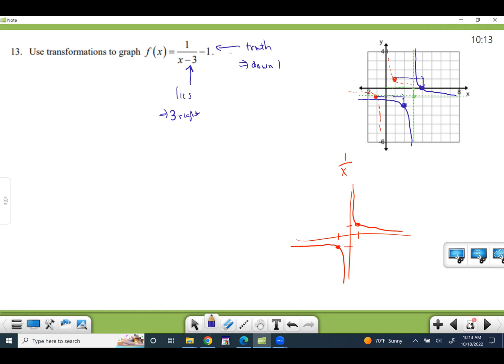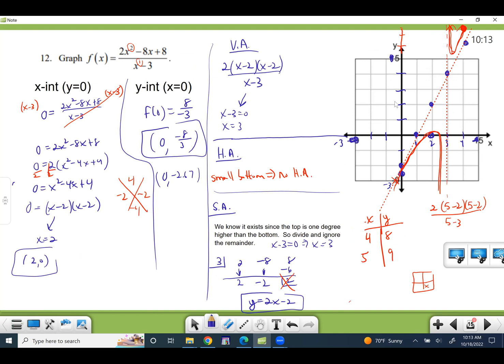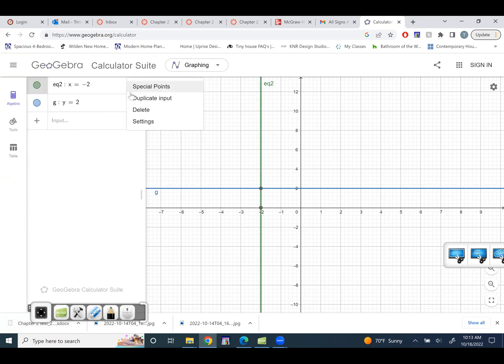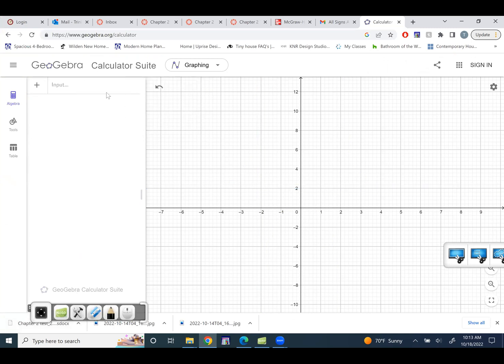I just realized we didn't check our last one. It would probably be good to see what this looks like, this slant asymptote, right? On a real graph, not my really ugly one. Okay, so it was 2 times x minus 2, x minus 2. All of this was divided, oh, dang it.